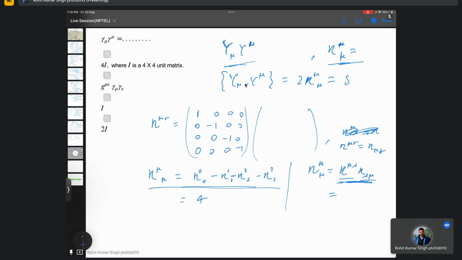So this is equal to 8, and this is twice gamma mu, so 8 means gamma mu is 4, right? And the identity matrix is there to have a consistent matrix equation.